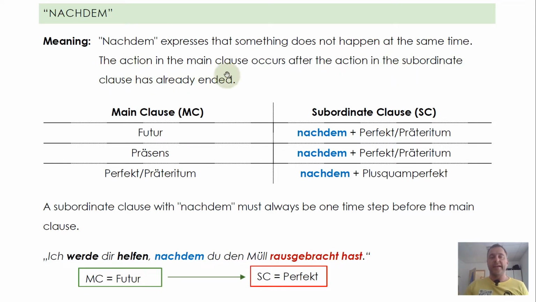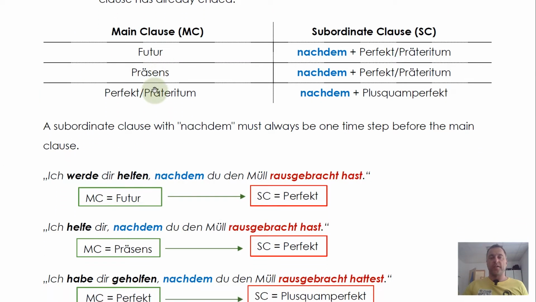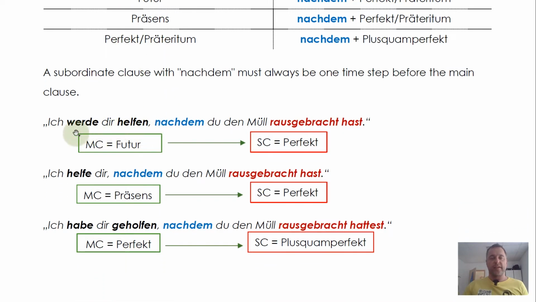And here the action in the main clause occurs after the action in the subordinate clause has already ended, which means we have to use different tenses because one has to be somehow in the past, even if the other one is present tense. So let's have a look how it looks like if we have the main clause in future, present, or in a past tense. Let's have an example for all of them.